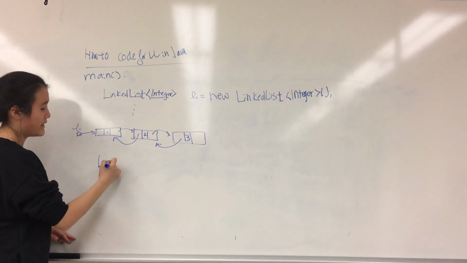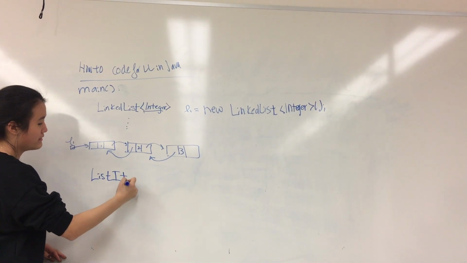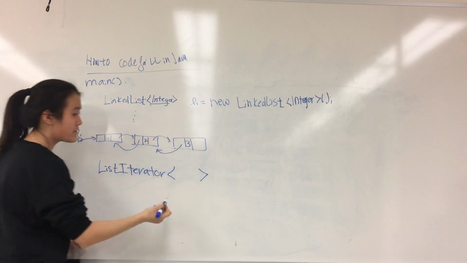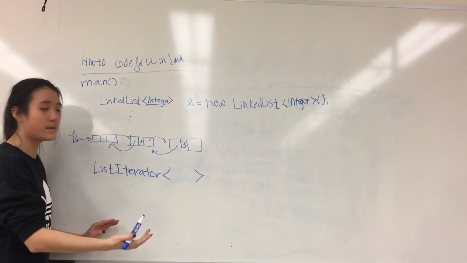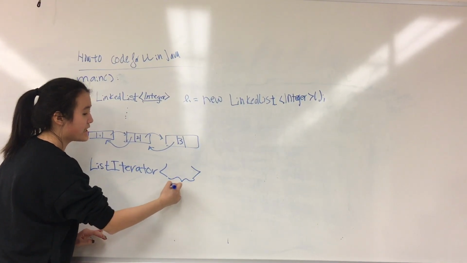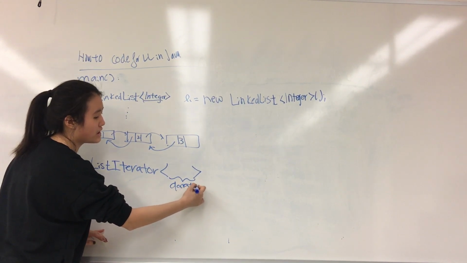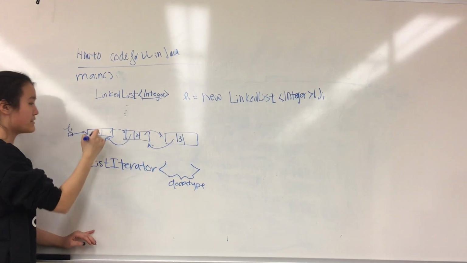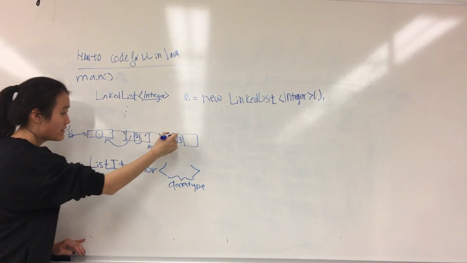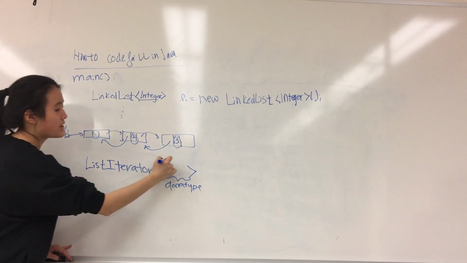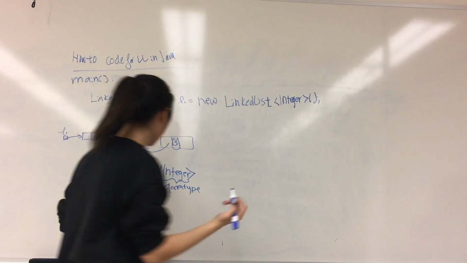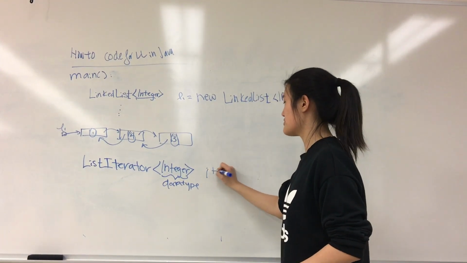So first you declare ListIterator, and you also declare the type. The type here is not Node. The type here is the data type of each element. If this is each node, we're talking about the data type of the actual data, which is integer here, so I'm going to call it Integer. And I'm just going to call this variable iter for short.